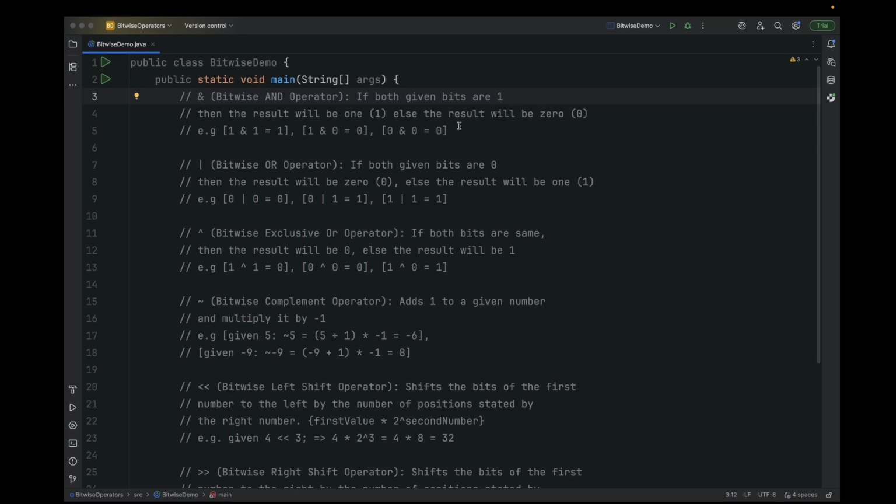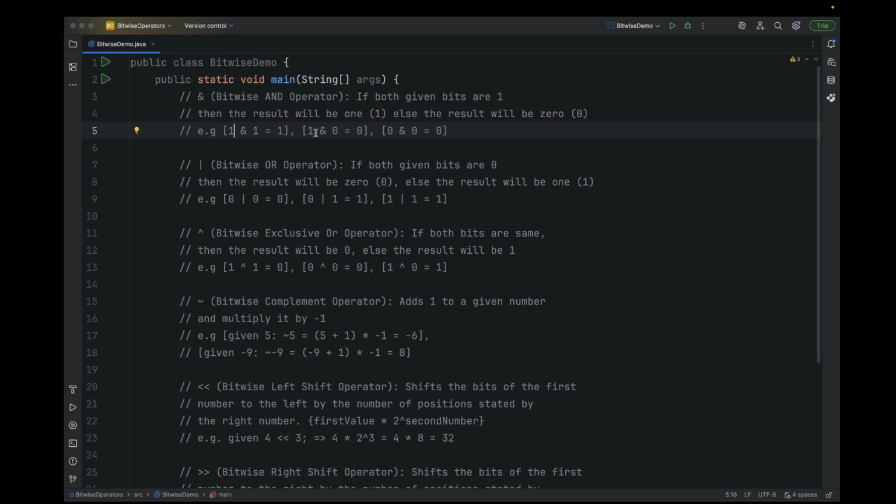What does it mean? If you are given a bit 1 and another bit 1, and the expression says 1 AND 1 as seen here, it means that both given bits are 1, so the result of 1 AND 1 will be equal to 1.